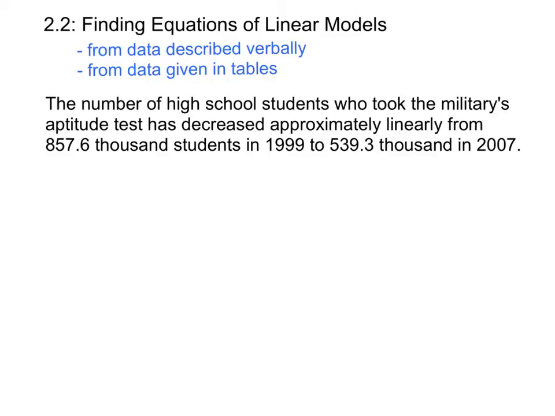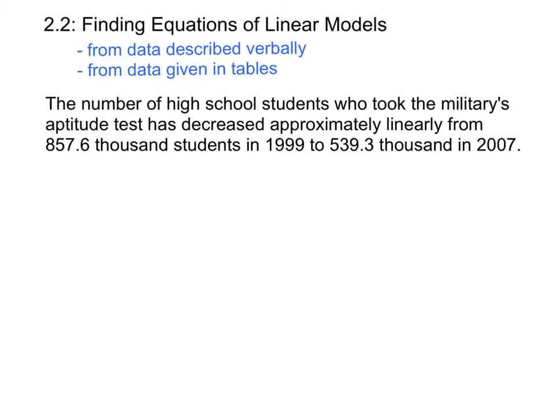In this example, we can see the number of high school students who took the military's aptitude test has decreased approximately linearly from 857.6 thousand students in 1999 to 539.3 thousand in 2007. We'd like to find the equation of a linear model to represent this situation.